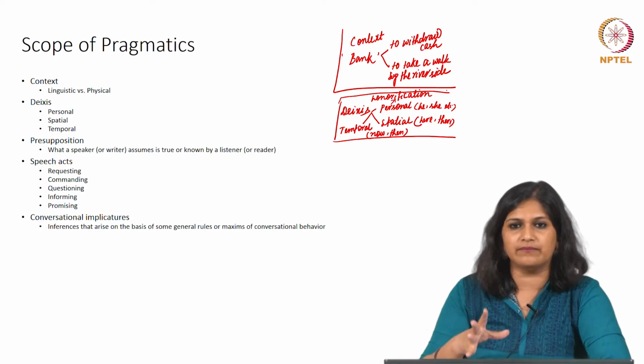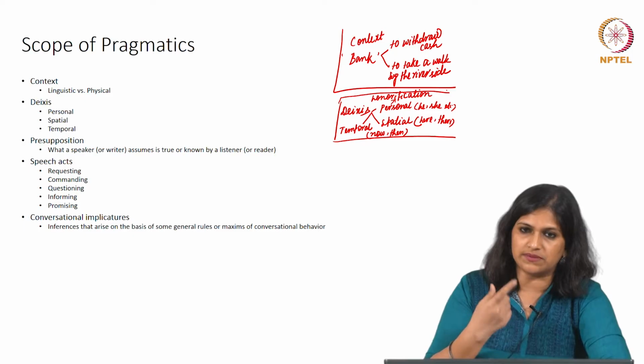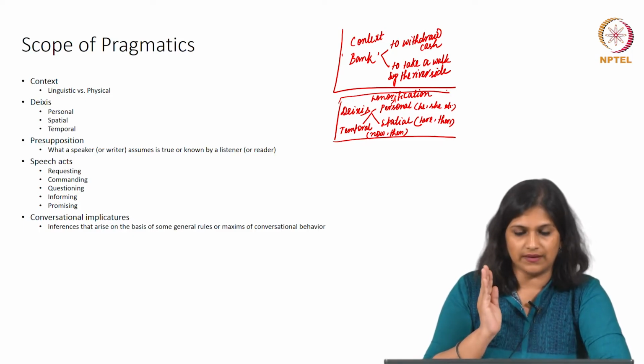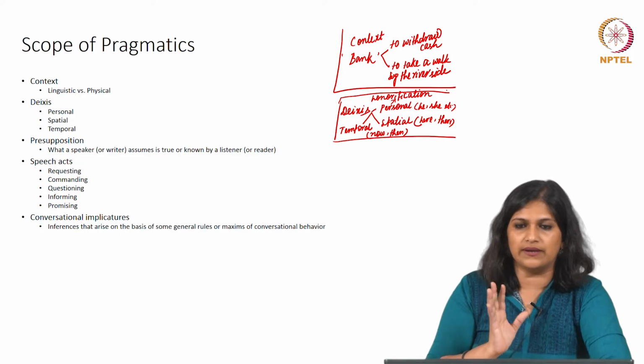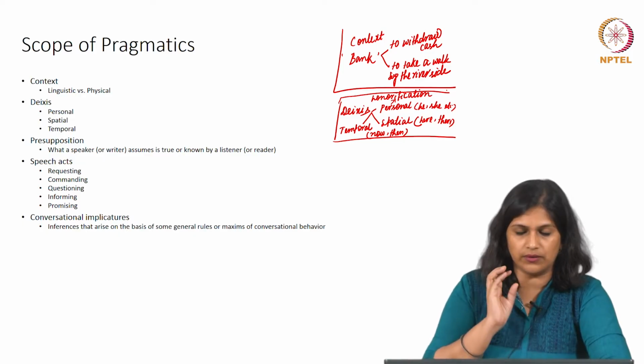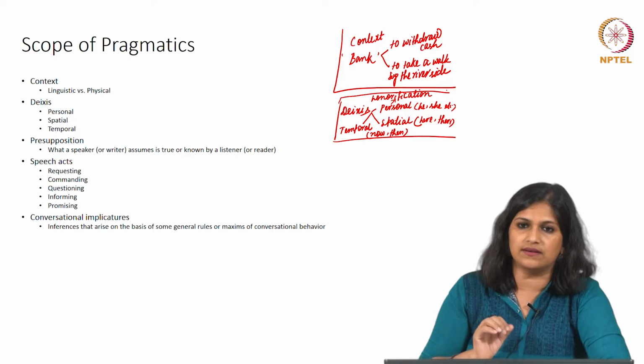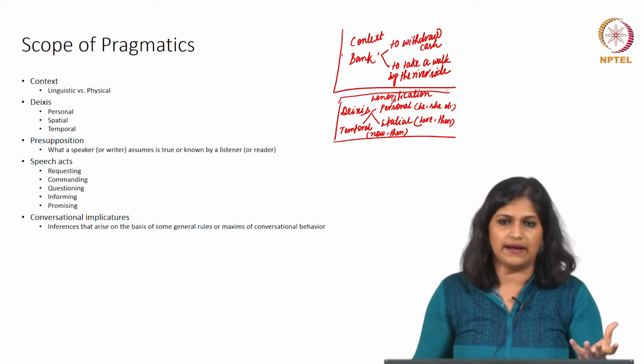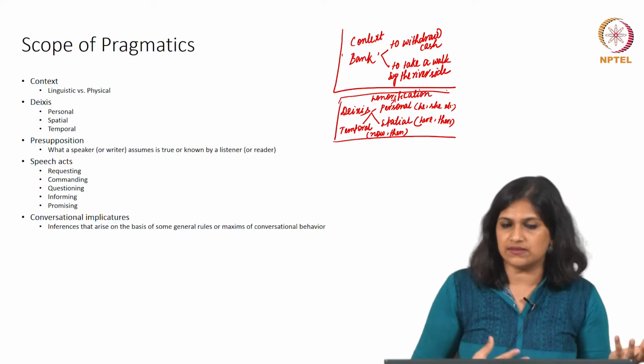The pragmatic information is already loaded, and when the speaker tries to communicate, in most cases you put it as a presupposition, or you make it clear that there are different contexts associated with it.